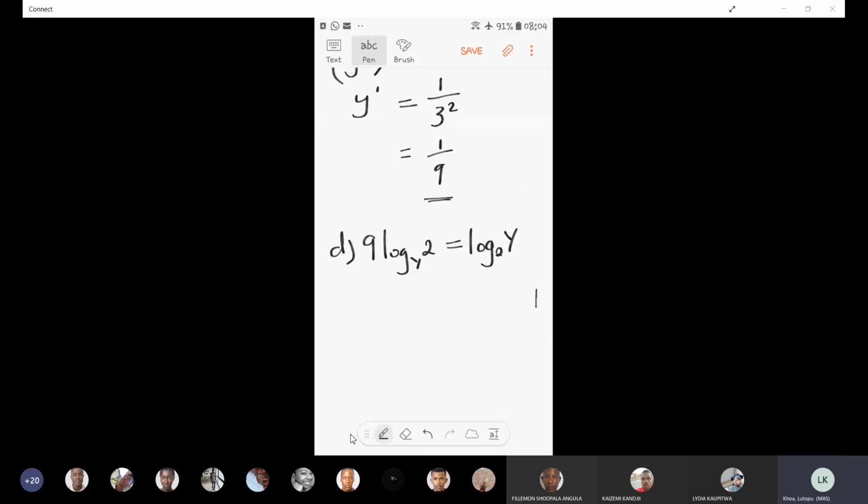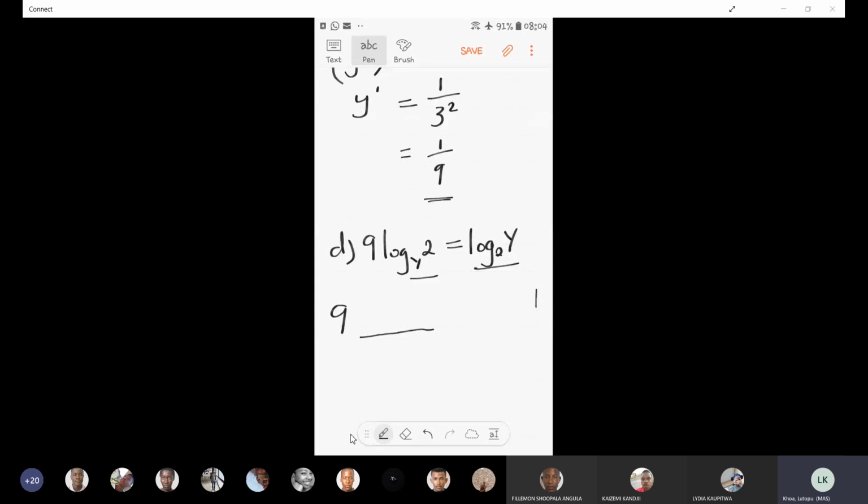The bases of the logarithms are not the same. The base of this logarithm is y. The base of that one is 2, so I'll need to change the base of the logarithm of one of them to the other. So I'm going to change the first one. So I write the 9, then we said one big fraction, then I'm going to change it to base 2.